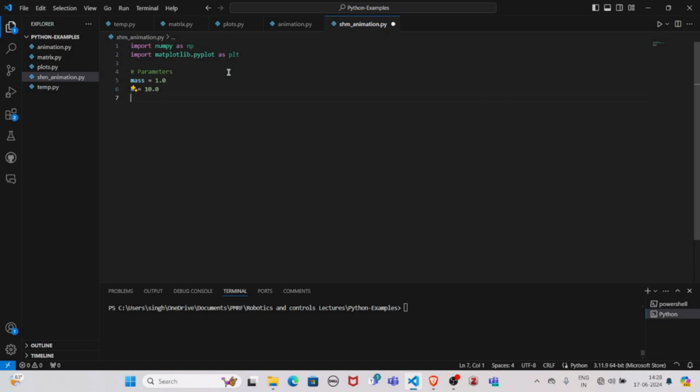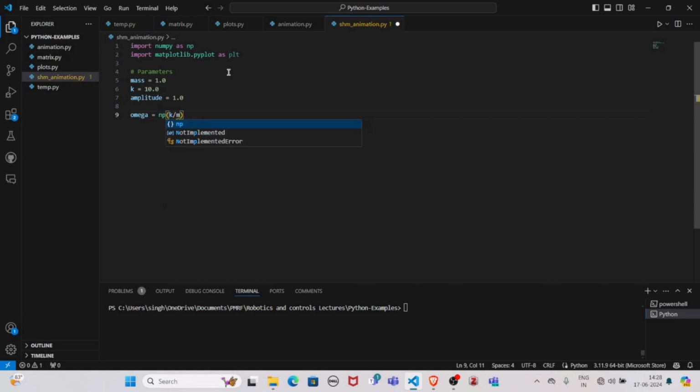Now we'll write amplitude, and let's just keep it to 1 again. Now omega. So we saw omega, the angular frequency of SHM, was given by the square root of k by m.